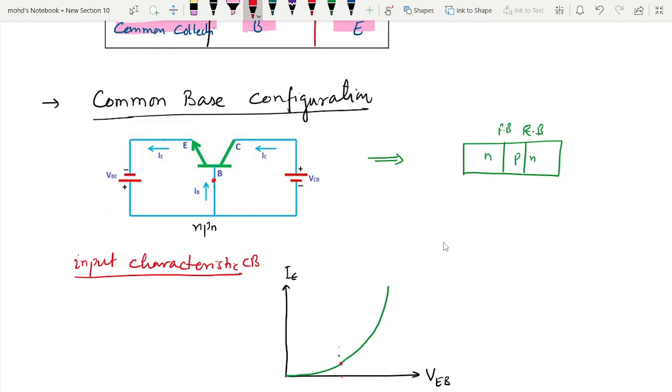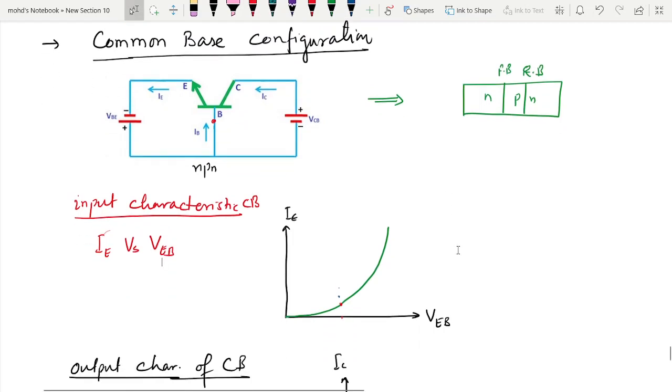The input characteristics of a common base configuration is a plot of input current IE versus VEB, while maintaining the output voltage VCB constant. Now, the input characteristics of common base configuration look like the VI characteristics of a diode.